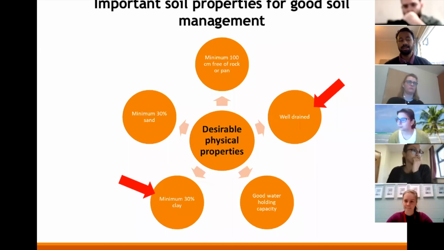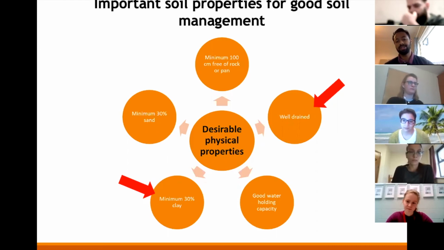And for sand, it's good to have a certain percentage because of the aeration and the movement of water. We don't want stagnant water in your plantation. So these are the two main properties you should focus on if you want to start a really good agricultural farm.